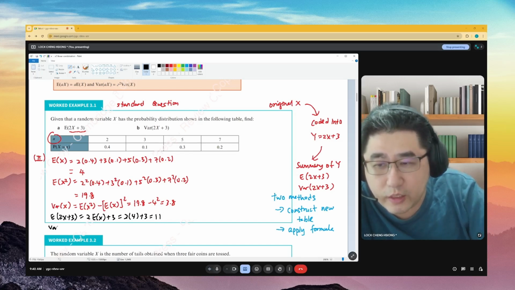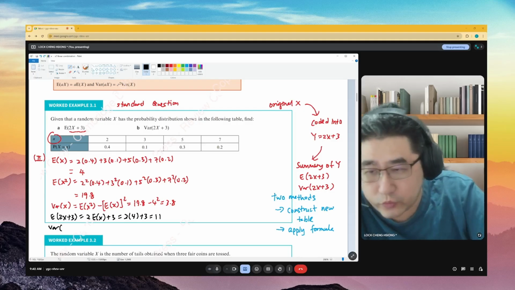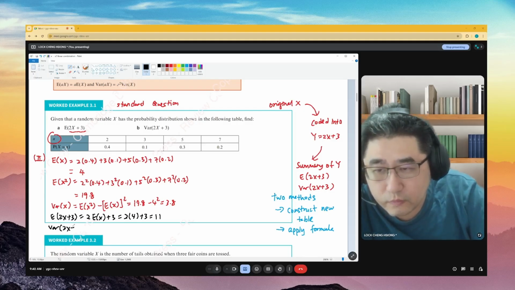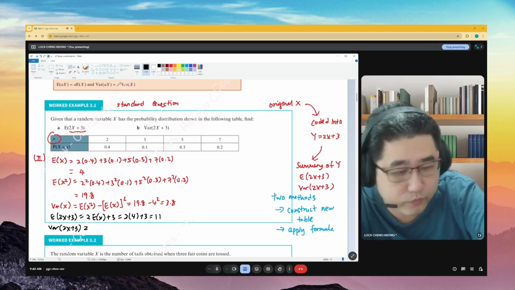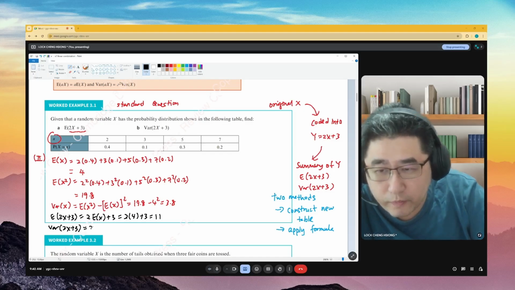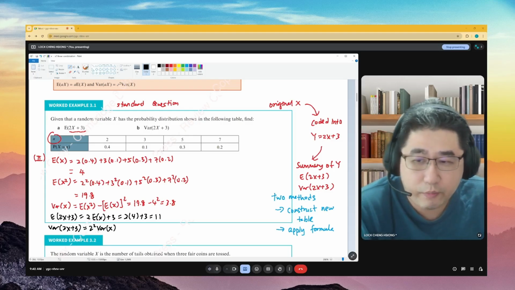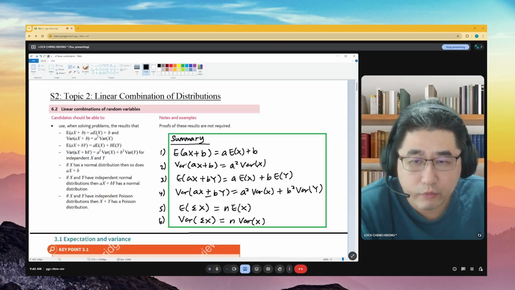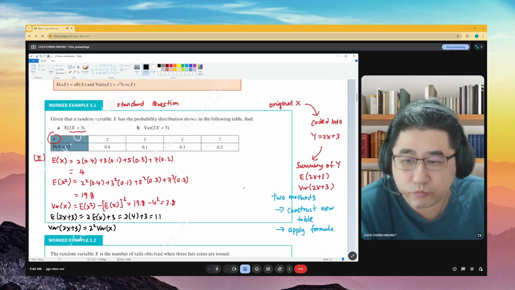And similarly, for the variance of 2x plus 3, I have 2 squared times variance of x. I just apply formula number 2: variance of ax plus b gives a squared times variance of x.